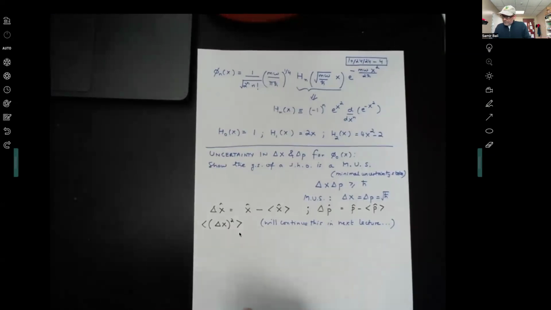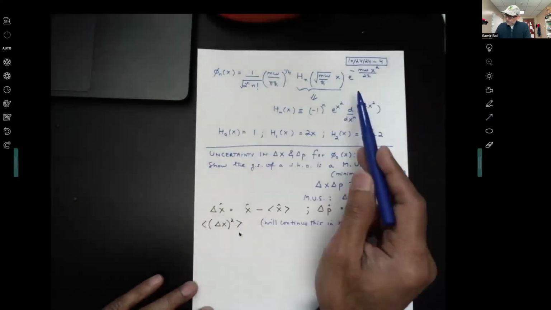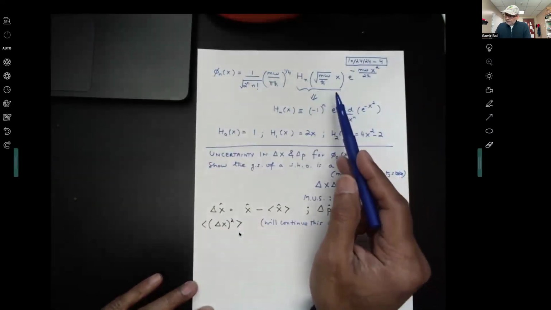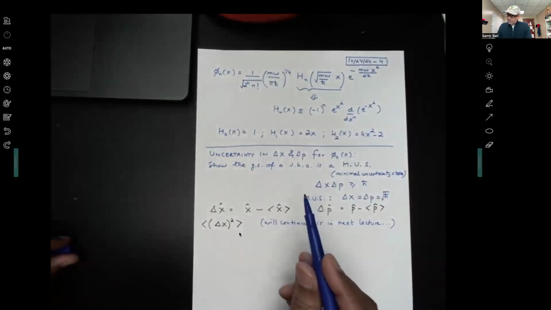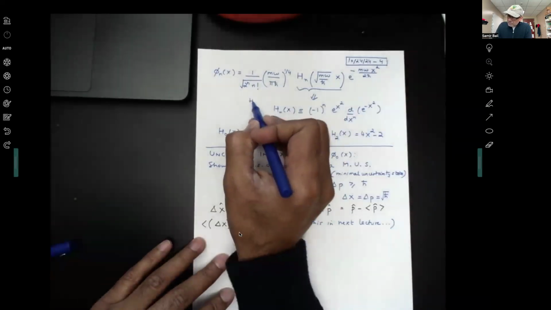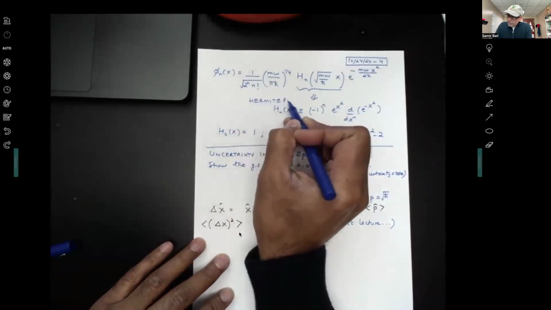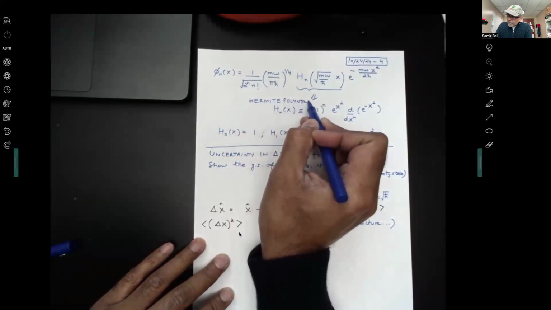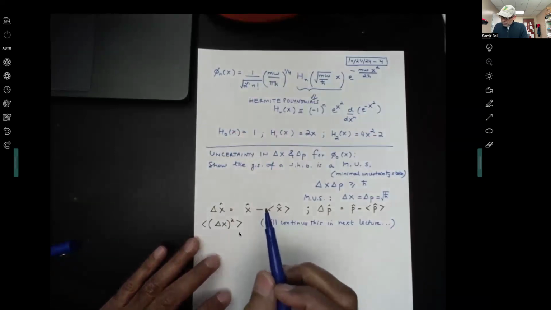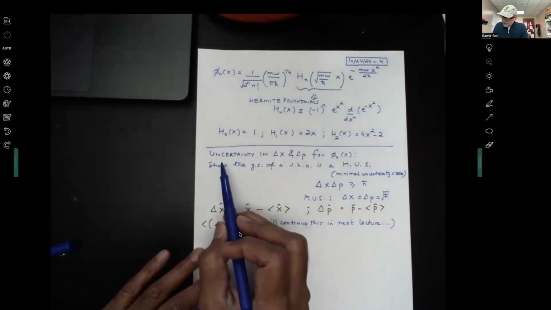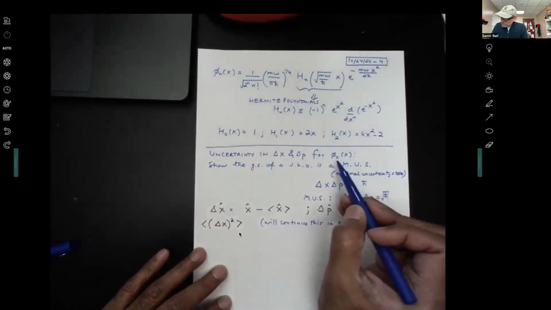That's what the wave function for the nth energy level looks like, with the Hermite polynomials, right? So these are called the Hermite polynomials.